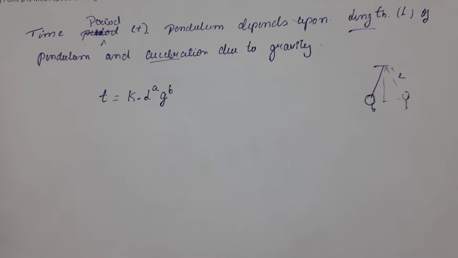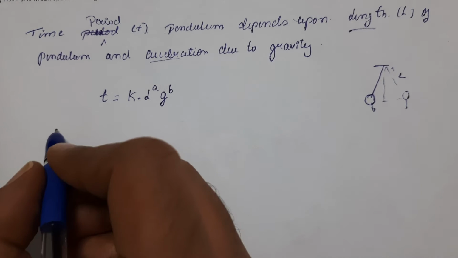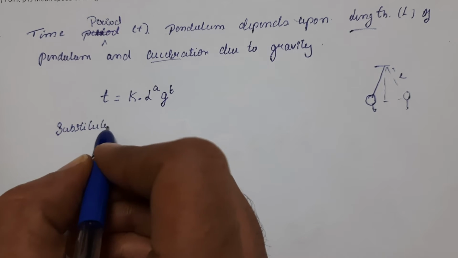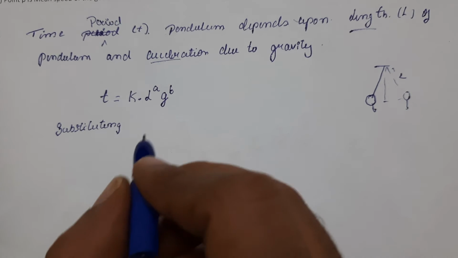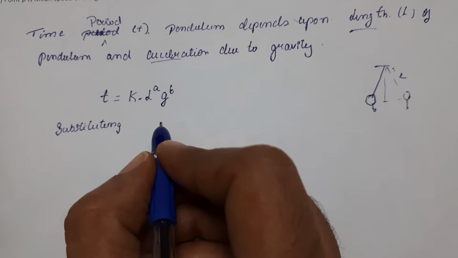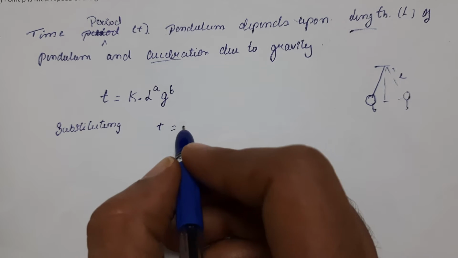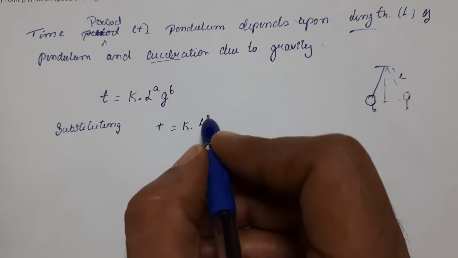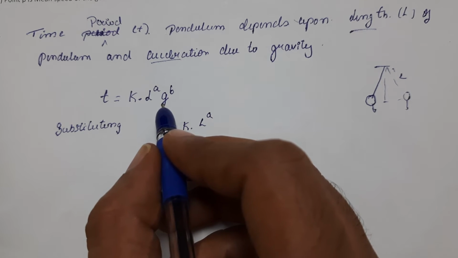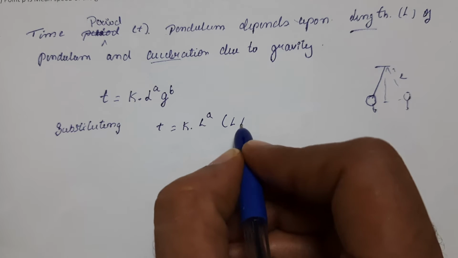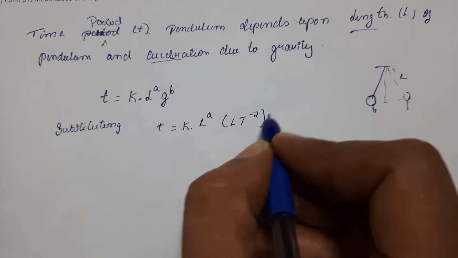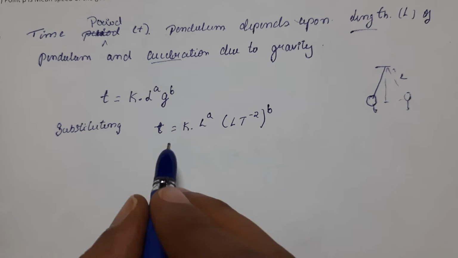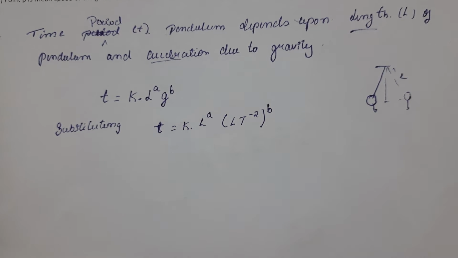Now substituting the dimensions: T is taken as T itself, time, and k is a constant here. L is L, and acceleration due to gravity will be L T to the power of minus 2, whole to the power of b. Substituting on both sides the dimensions here.